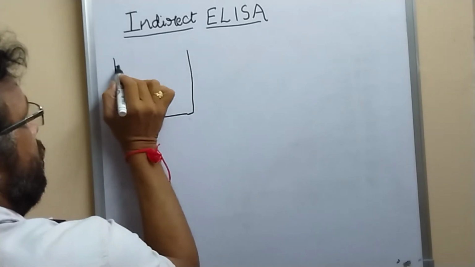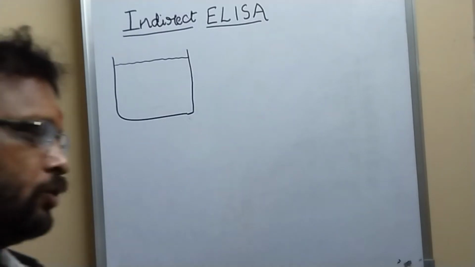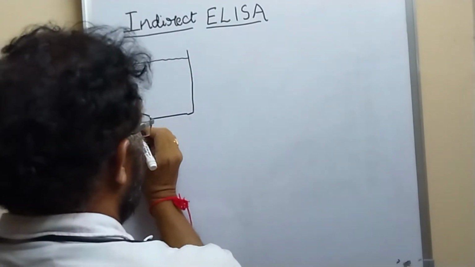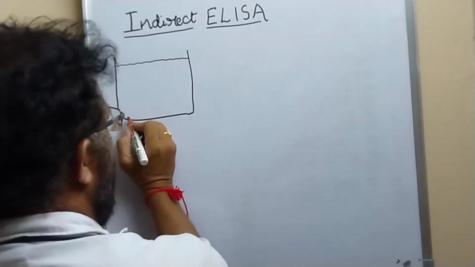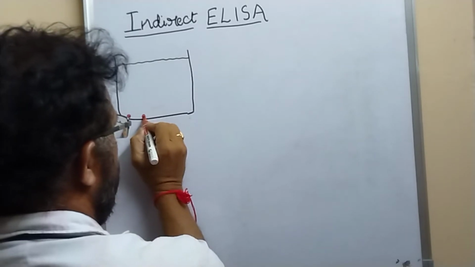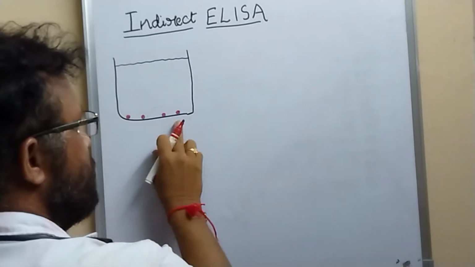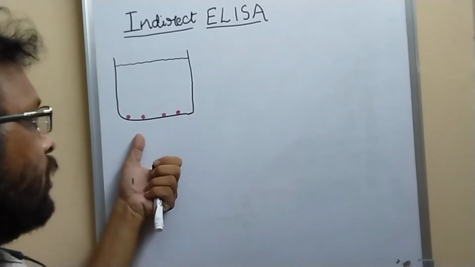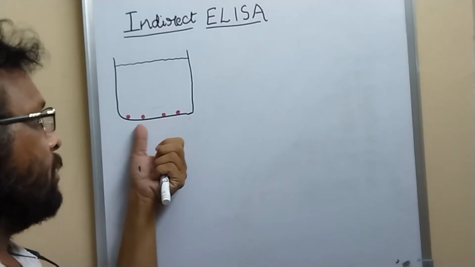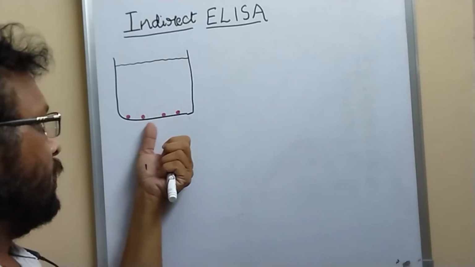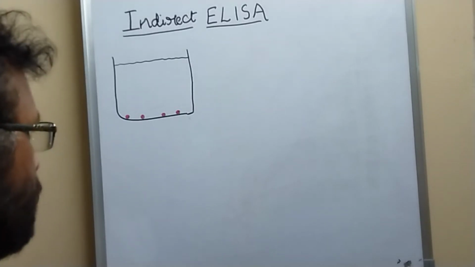In the microtiter well, first the antigen is adsorbed. So this is a microtiter well in which the antigens are adsorbed on the surface of the well. This is step 1.